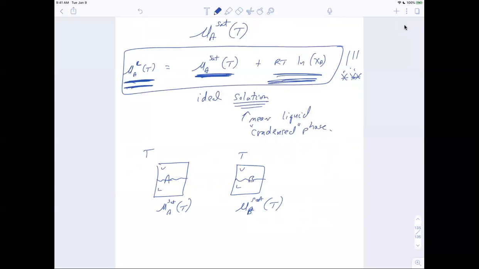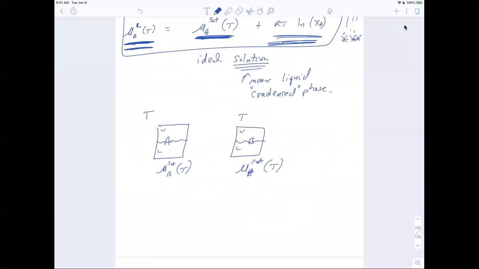But once we mix them and we have this liquid vapor system, we see that G, which is the sum of N i mu i, is going to be lowered relative to the case where we had them independently, right?